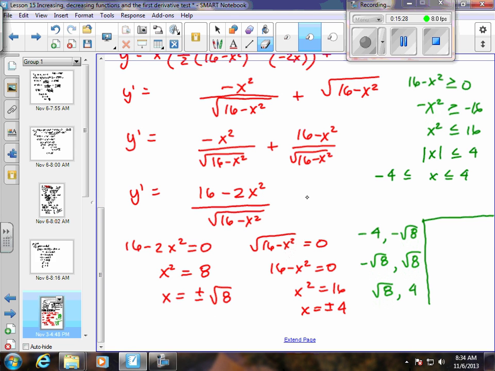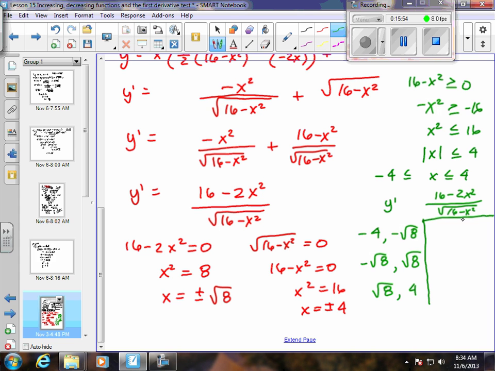What I need up top is the derivative. 16 minus 2x squared over the square root of that quantity. And I'm going to pick a number in each interval to see whether the derivative is positive or negative.